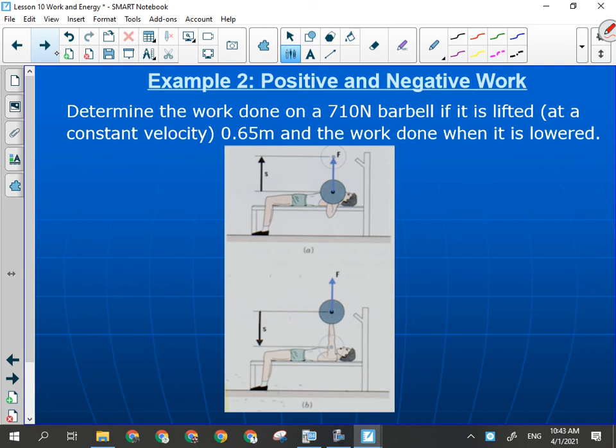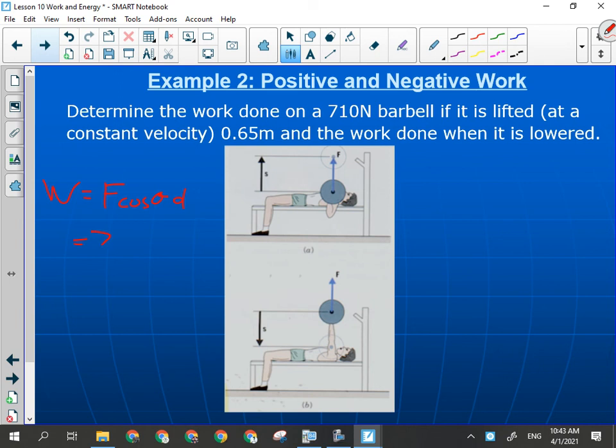Can I calculate the amount of work done? Just force times distance, right? Work is F cos of theta times d. Now, my force and my displacement are in exactly the same direction, so what's theta? 0. Cos of 0 is 1, so I don't have to do anything with that.